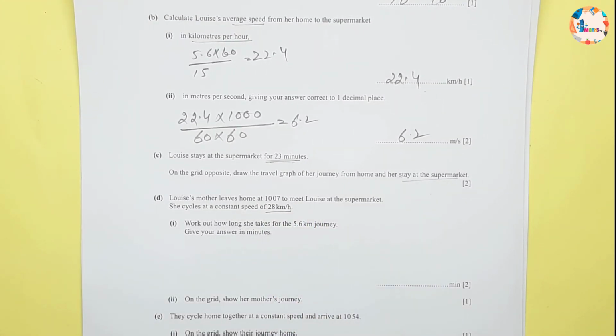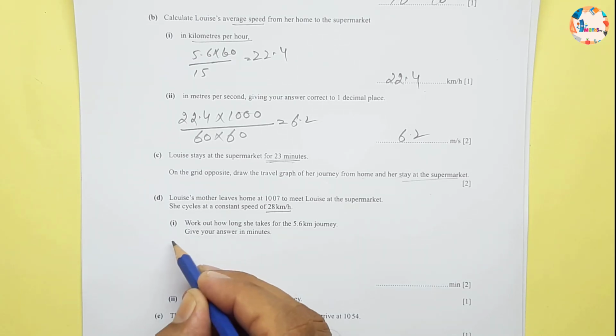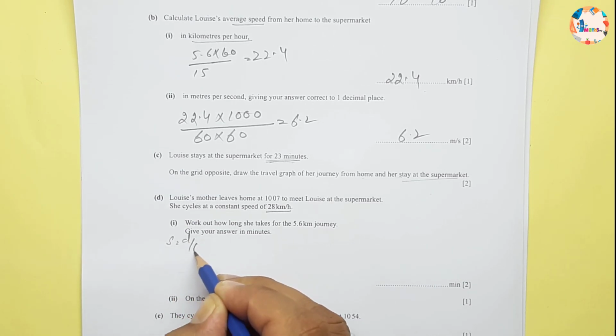Now we have to work out how long she takes for the 5.6 kilometer journey. So we can calculate this journey. Speed is equal to distance over time.